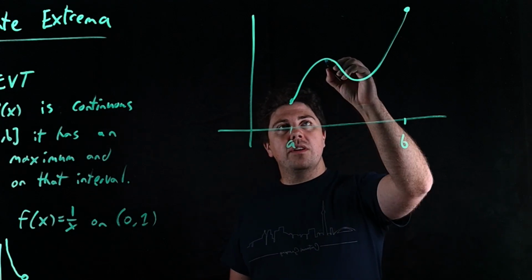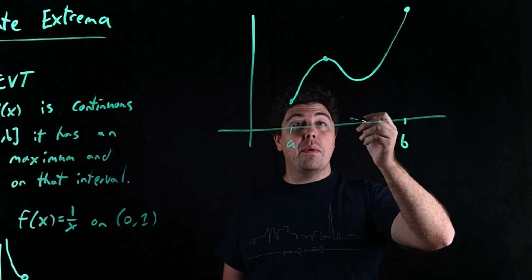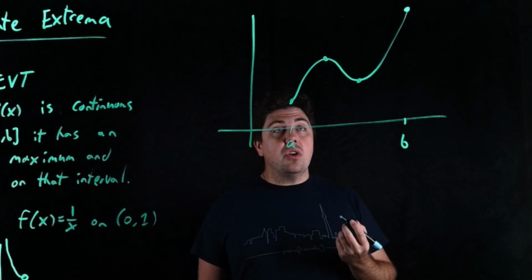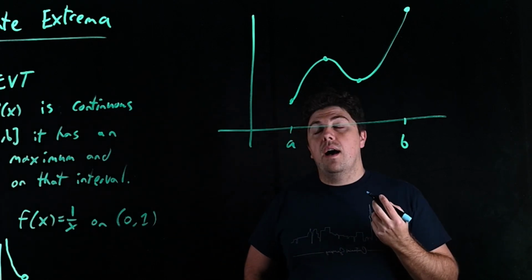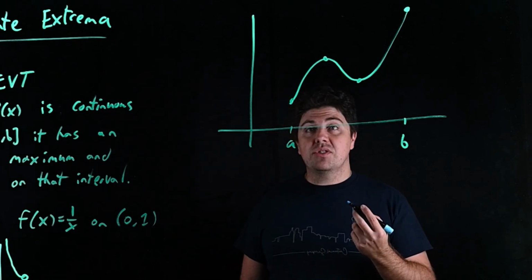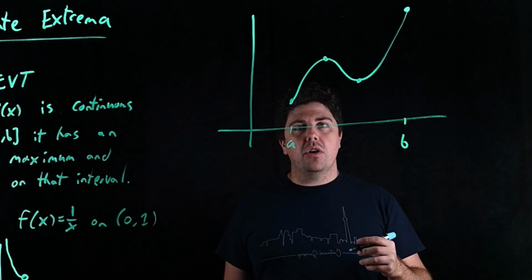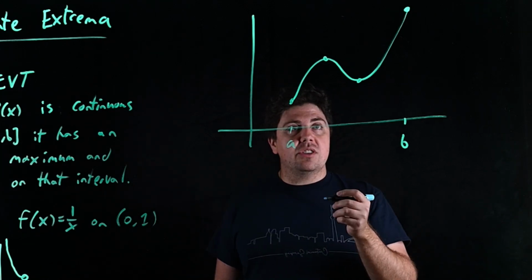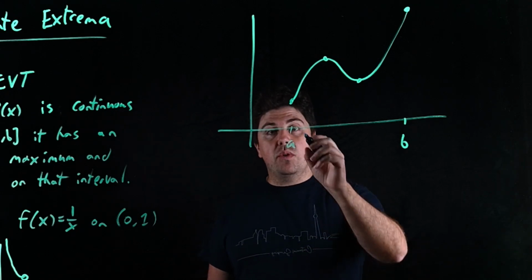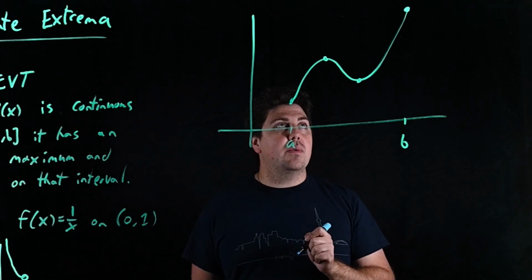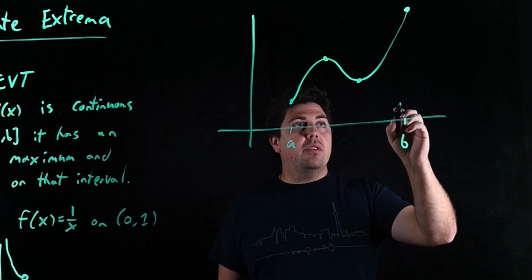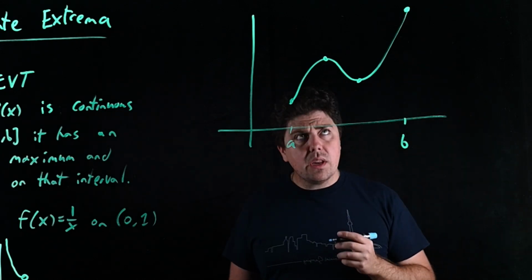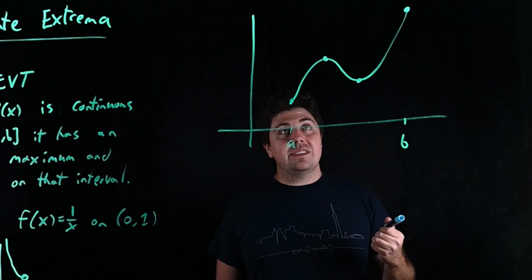Well, note this function has a local maximum here and a local minimum here, but that's not where the absolute minimum and maximum occur. So at a, we get this value here, which is the smallest, so the absolute minimum is going to occur at a, and it's going to be this value here, and the absolute maximum is going to be at this point here.